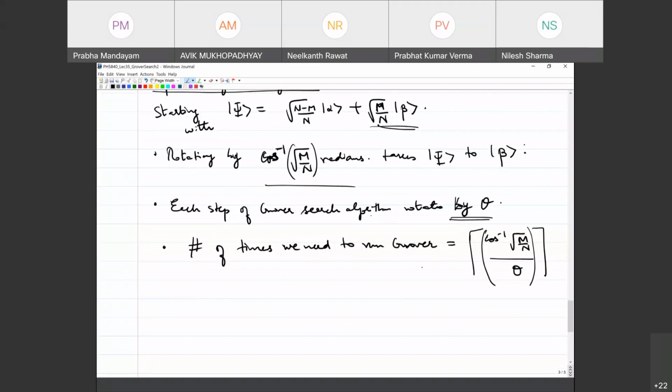So now we need a bound on this, right, because in the sense, how do I now estimate this in terms of square root of n? That's what the next few steps are about, right? So, well, I said that rotating by cos inverse of square root of m over n takes psi to beta, but actually I don't need to exactly take it to beta, right? So let me rephrase this.